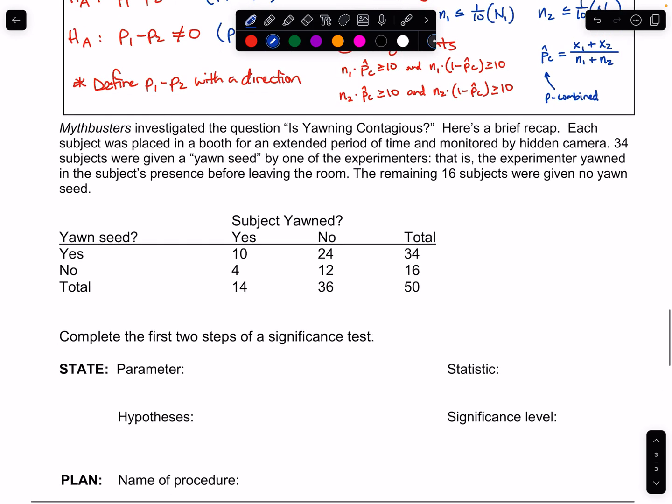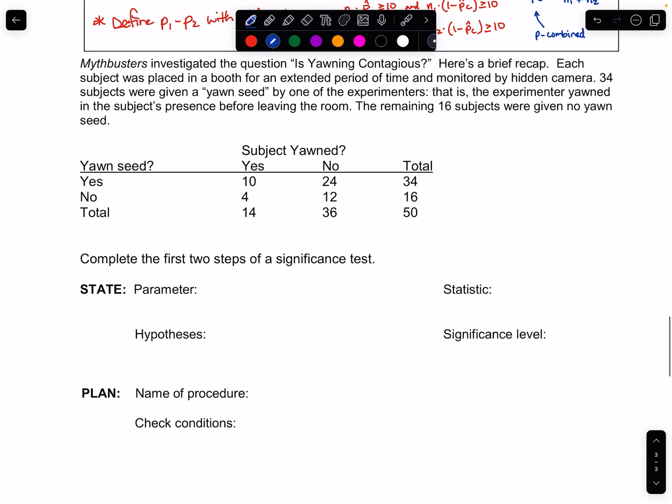So to recap our entire lesson here, again, they were monitored by hidden camera. 34 of them were given the yawn seed. They were walked into the room, somebody yawned in front of them and then walked out. The 16 other ones were just walked in and walked out. So that was the data we got.